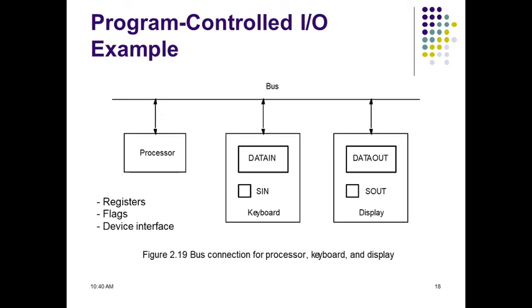Here, the keyboard and the display are separate devices, as you can see in this figure. The action of striking a key on the keyboard does not automatically cause the corresponding character to be displayed on the screen.